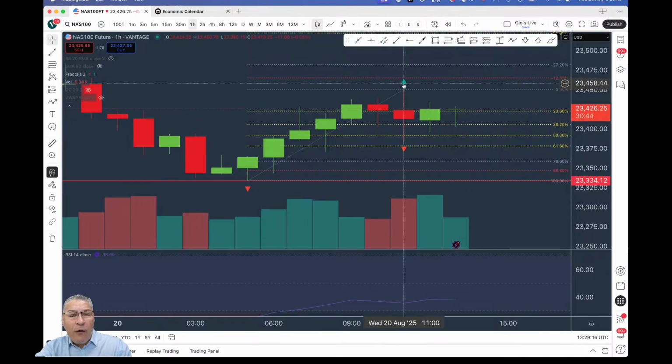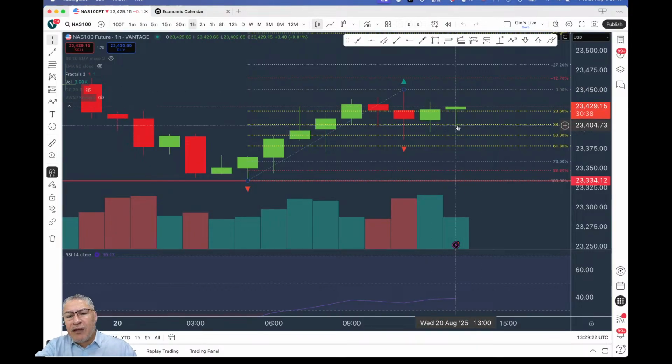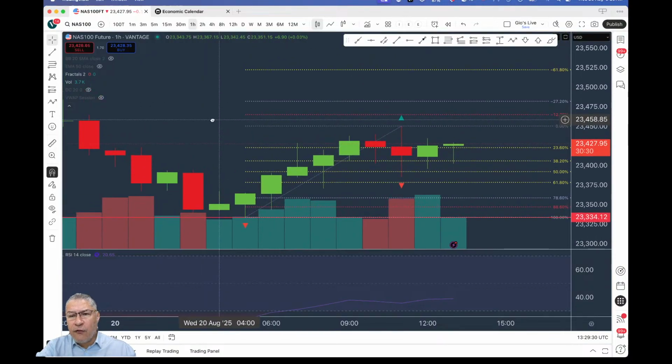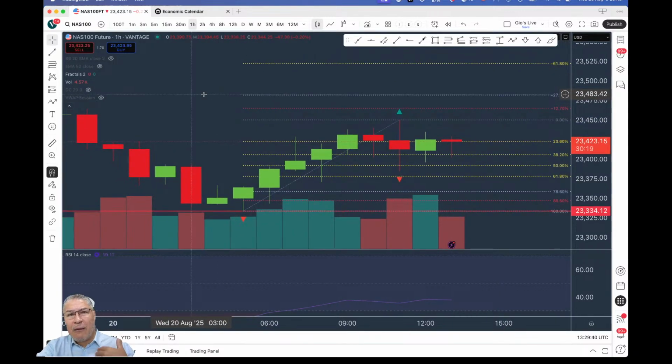And right when I see the fractal, and right when I see this candle being taken, wherever the candle reverses off, in this case 38.20%, I would have taken that trade, and then my target for this trade will be 61.80, the golden ratio.